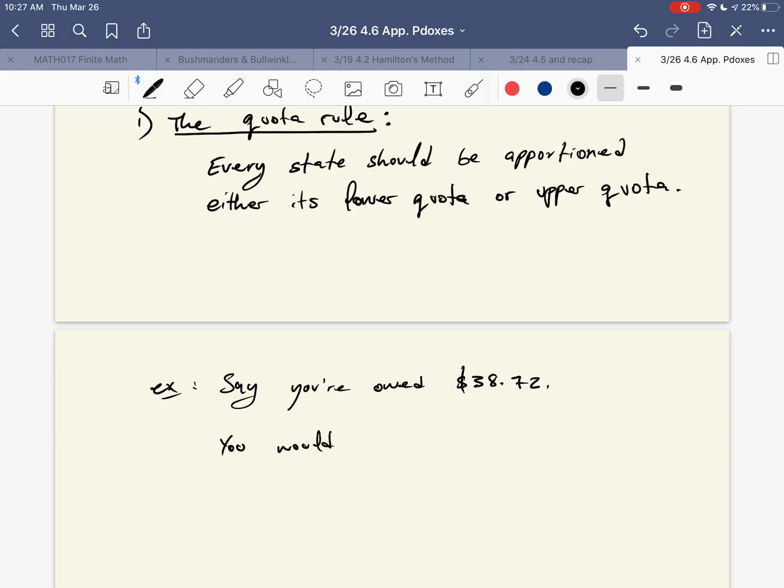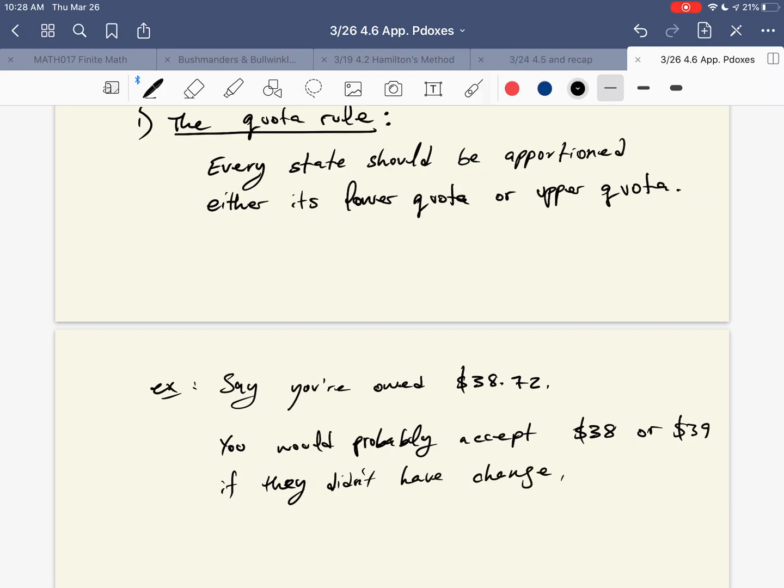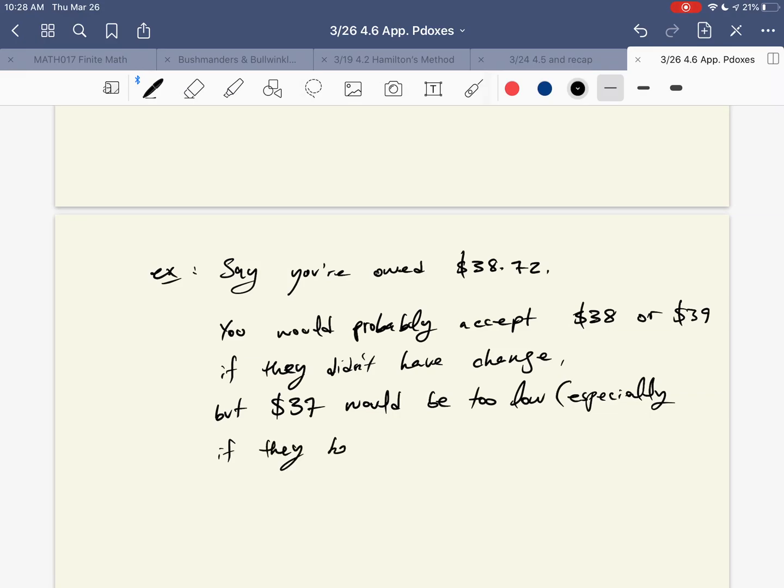So you would probably accept 38 or 39 if they didn't have change. But 37 would probably be too low, especially if they had 38 to give. And $40 would be unexpected, right? Unless they only had 20s.